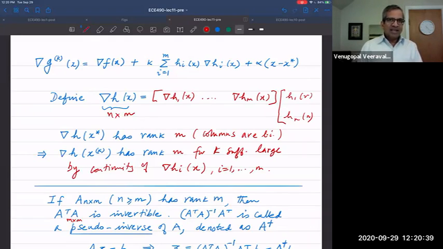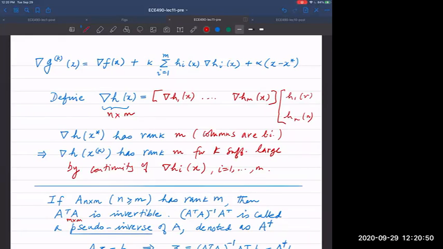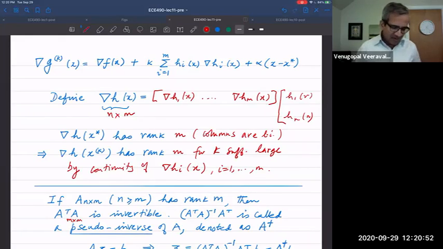But what I'm saying is that we're going to choose k large enough that you're still within that perturbation. Okay, I see. So I can always make it full rank for sufficiently large k. Yeah, thank you.